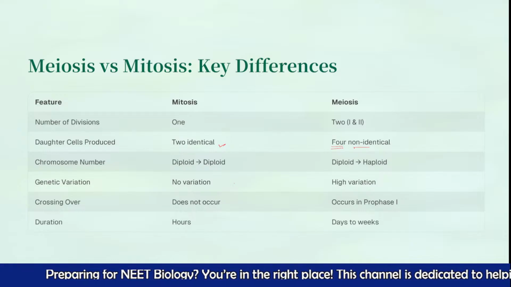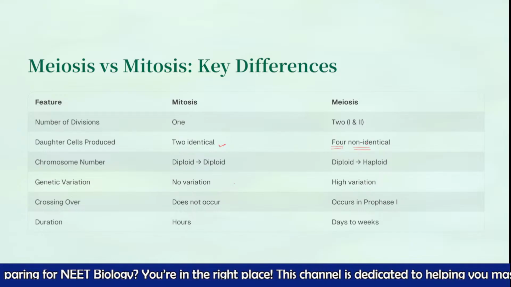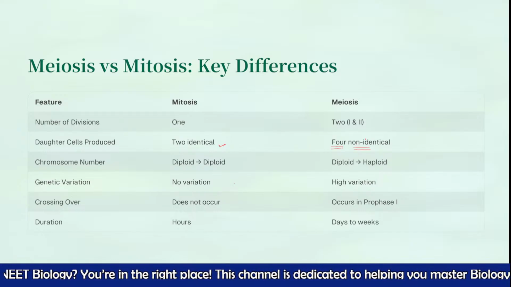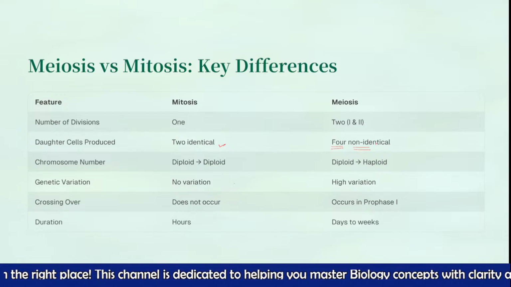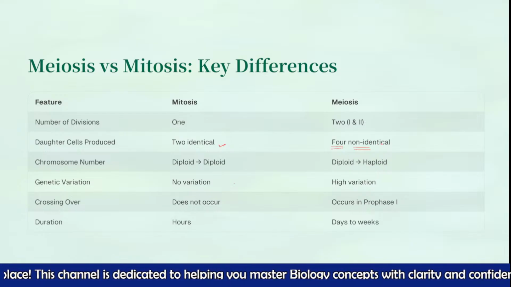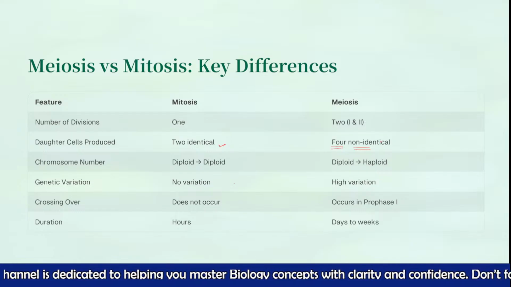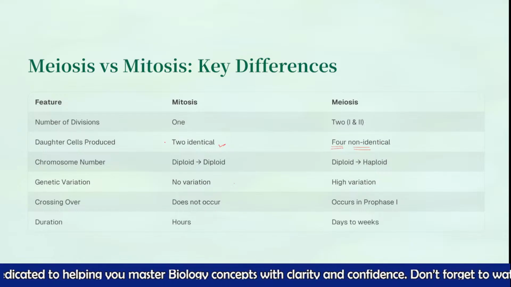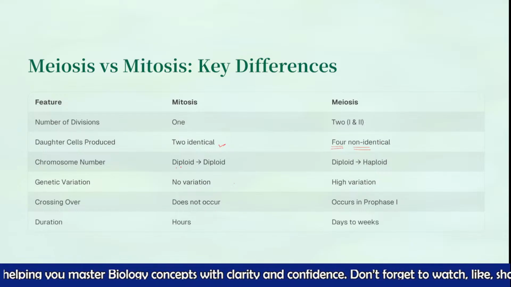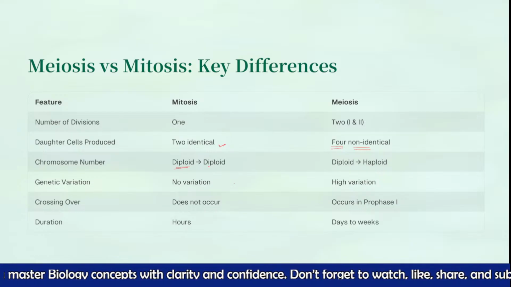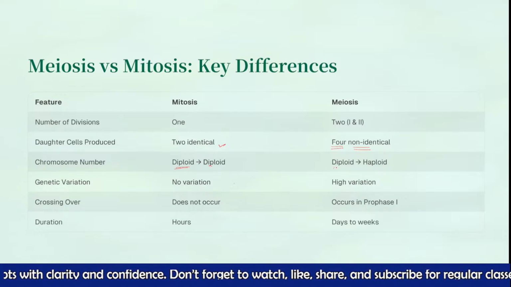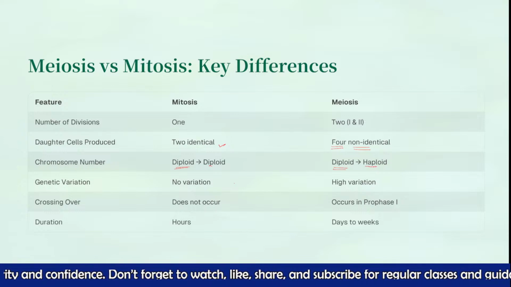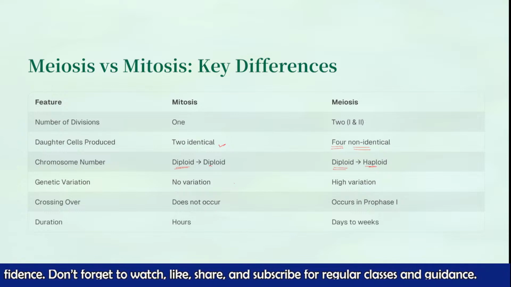They are non-identical. Understood why they become non-identical? Because of the crossing over. In which phase does it take place? It takes place in the pachytene stage of prophase 1. In mitosis, the chromosome number stays the same, a diploid number of chromosomes. But in meiosis, from the diploid there are haploid cells, with a haploid number of chromosomes.